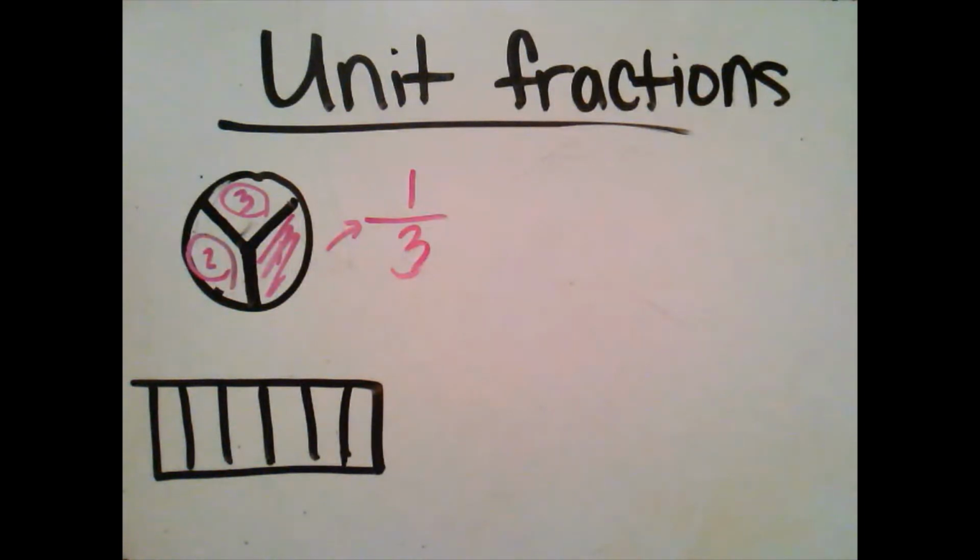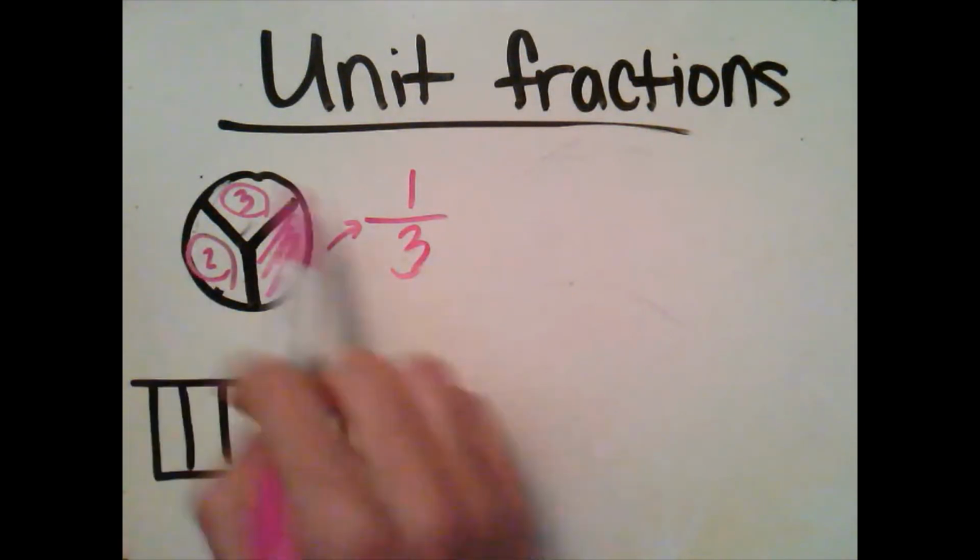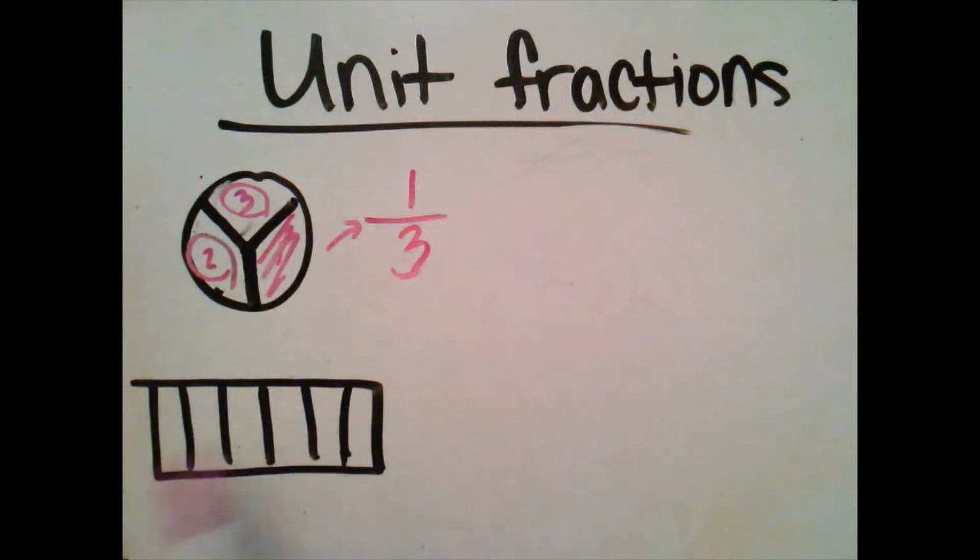Now another shape that you can deal with fractions, because it's not always circles, you can have rectangles like this. If I were to find a unit fraction for this, I'm looking at what the fraction would be for each individual piece. So I'm going to look at just one piece. So my top number will be 1. When you have unit fractions, your numerator is always 1 because you're just looking at one piece in the shape.